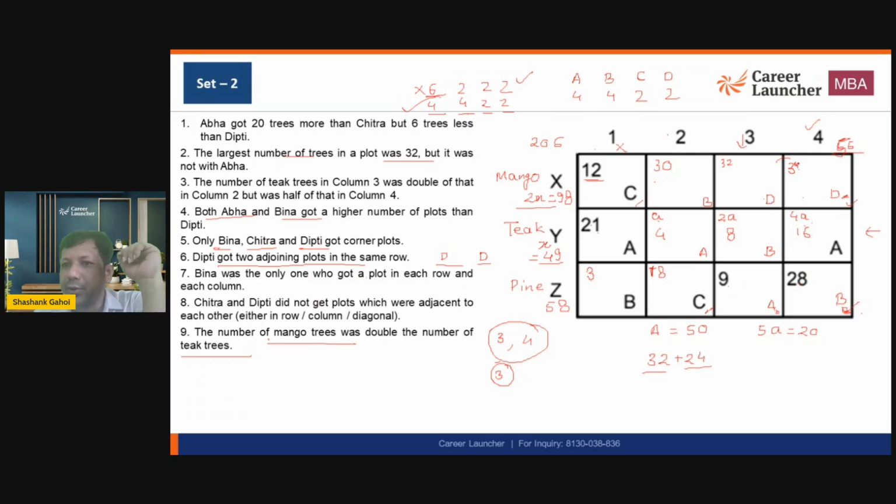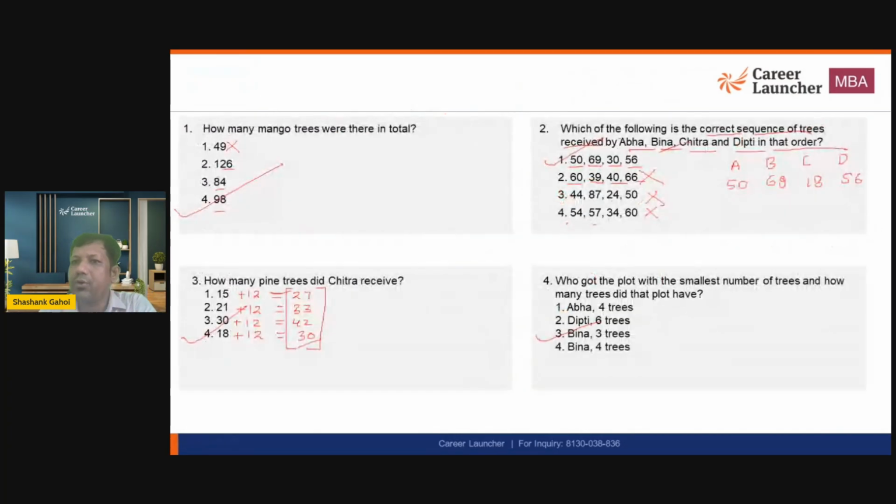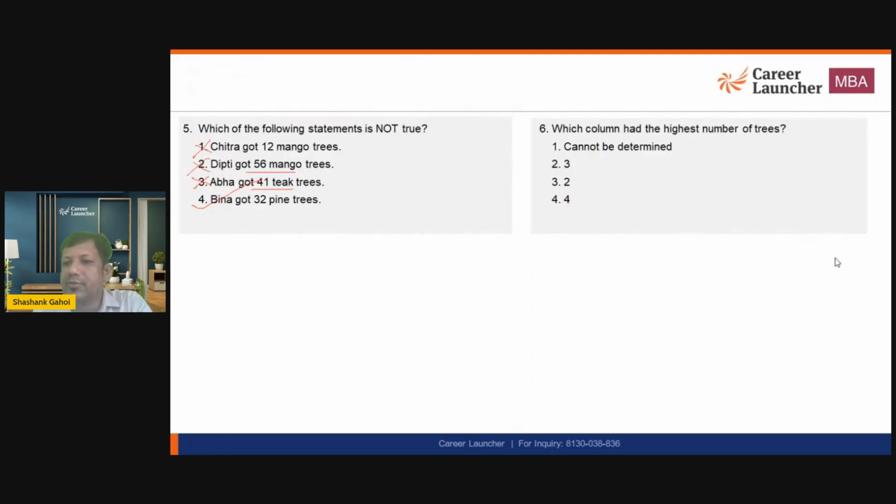If I do 32 here, 28 here, definitely column 4. Now the number of trees has increased, so it doesn't make a difference whether this value is 32 or 24. The highest number of trees always belongs to column 4. So my answer to this question is option 4, the fourth column.